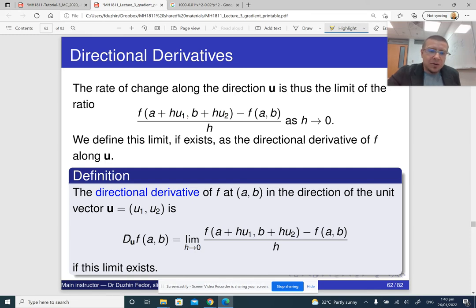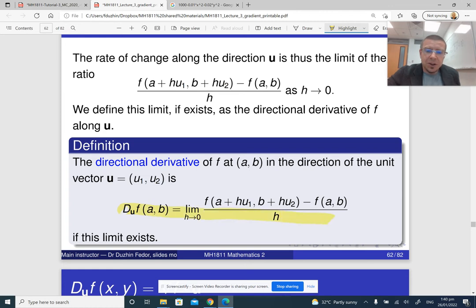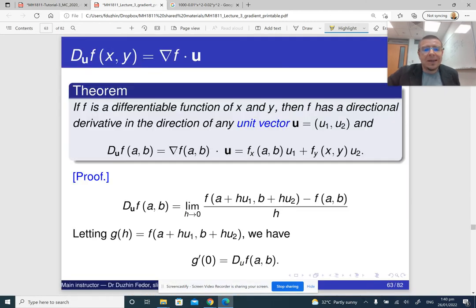According to this definition, what we have is a limit. And maybe it's not really very easy to work with limits, so it is a little bit better to look at the following theorem and get a kind of hint from it.